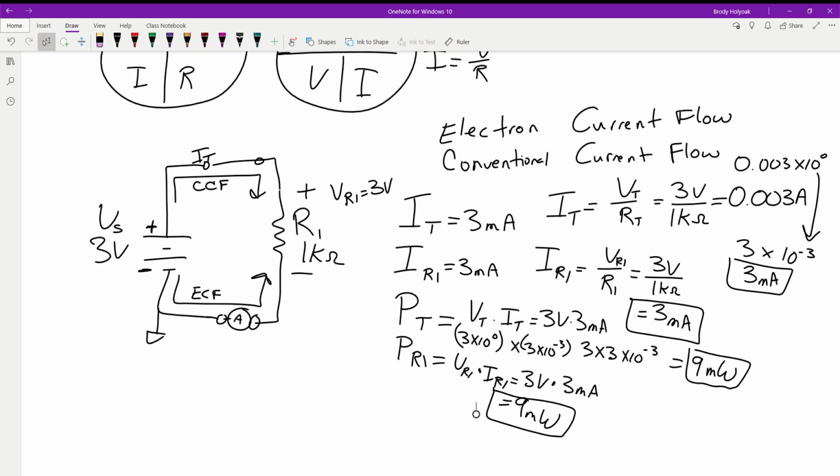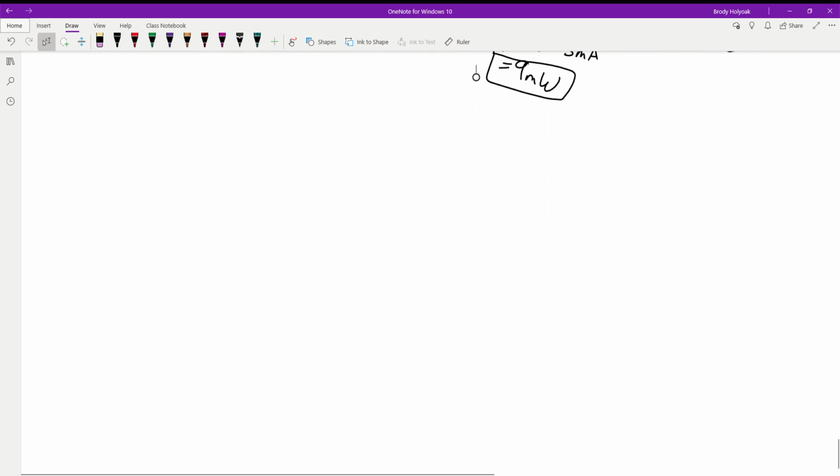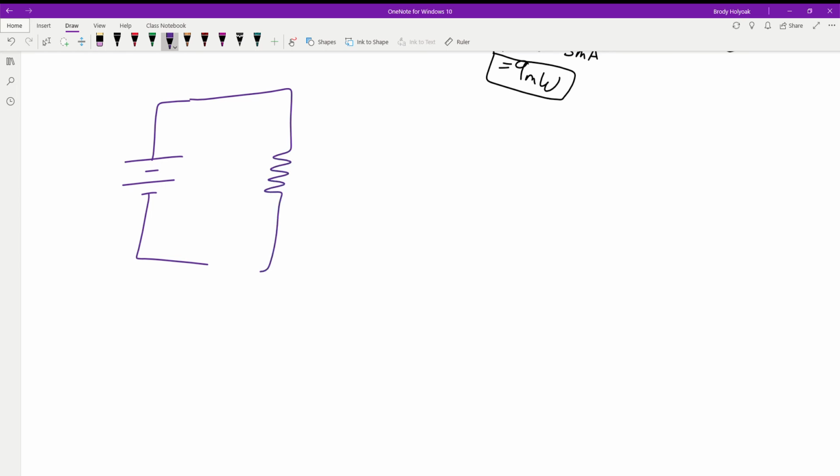Okay, let's go through another example. So we are given this circuit. We have R1 is 5.6 kiloohms, so 5,600 ohms.